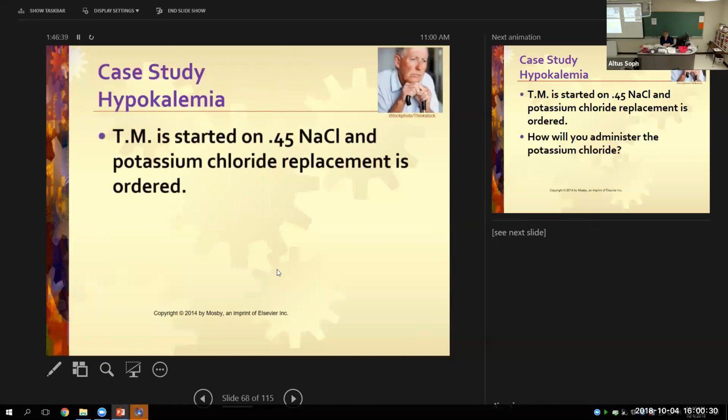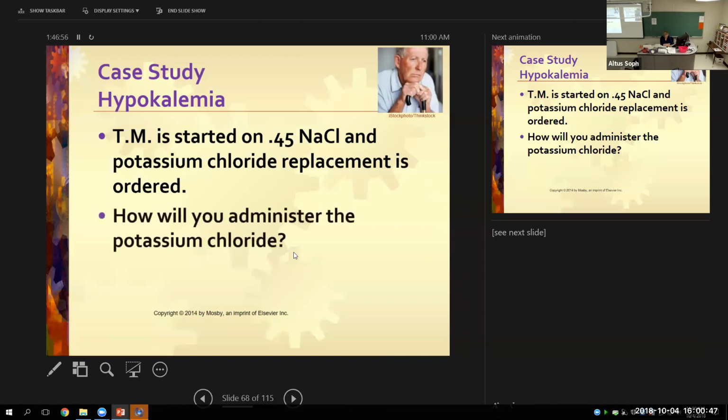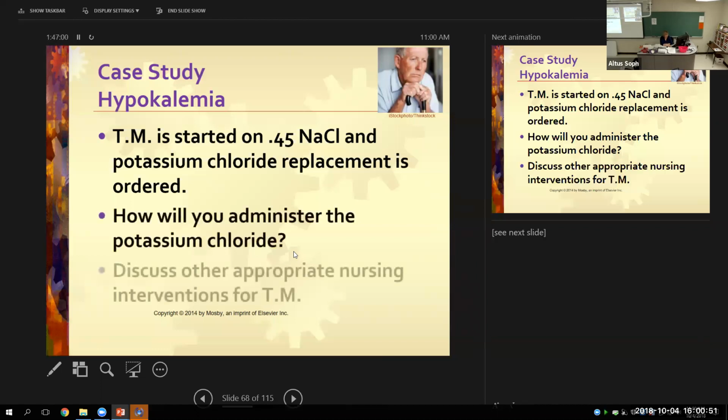So we want to correct his fluid replacement. We're giving him 0.45 normal saline, half normal saline, which is 0.45 sodium chloride. And we are giving the potassium replacements. So how much will we administer? Well, we'll administer what the doctor says. What is the doctor going to say?